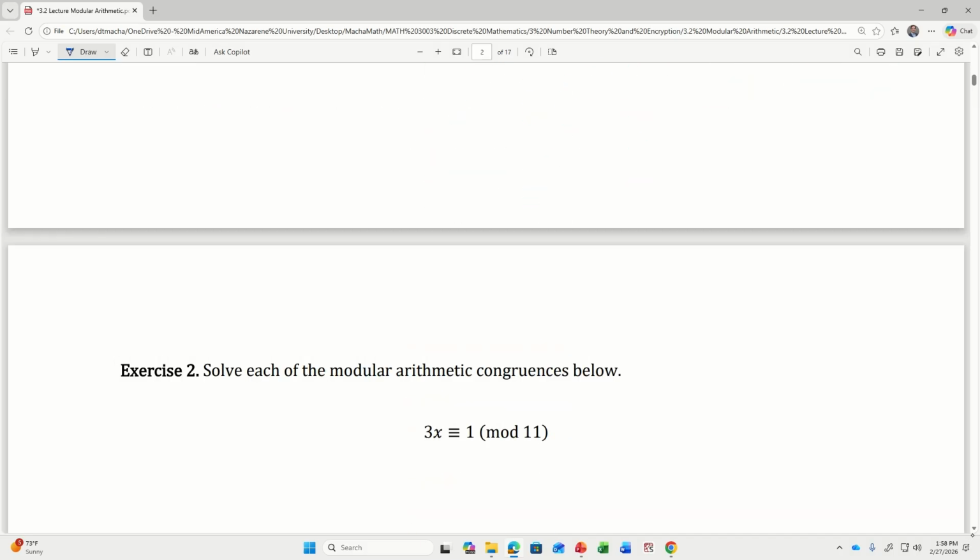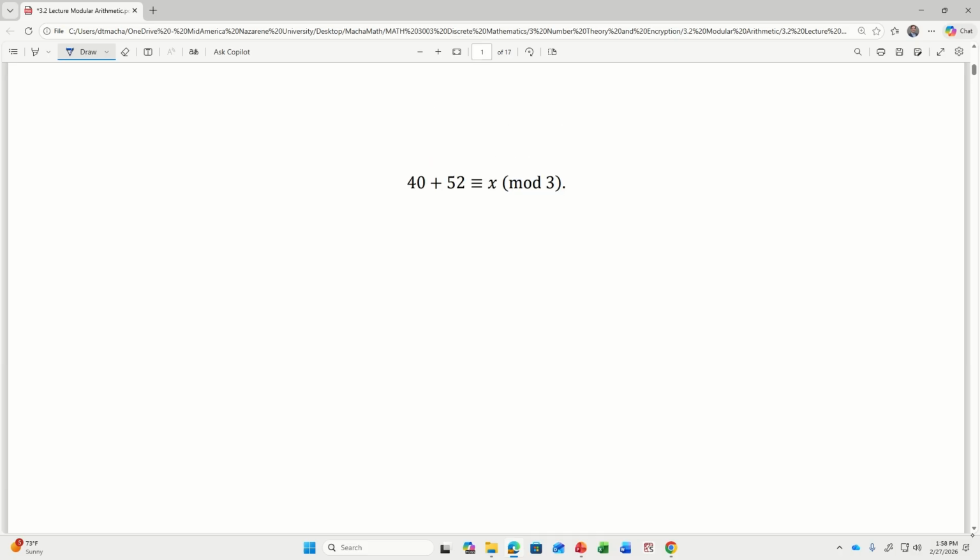So if I had something like 40 plus 52, what I could do is add 40 plus 52 is 92, and then think, what is 92 modulo 3? 2.